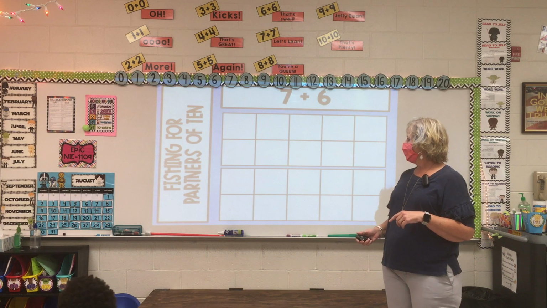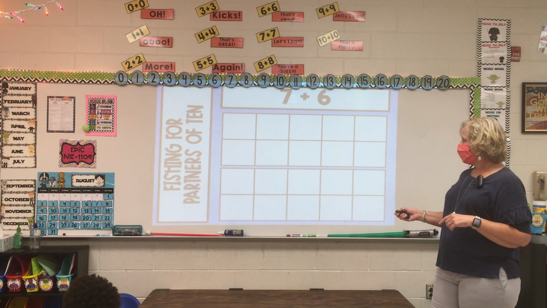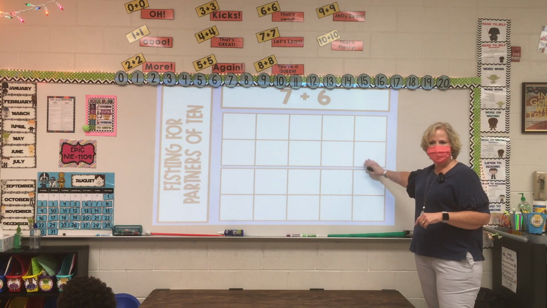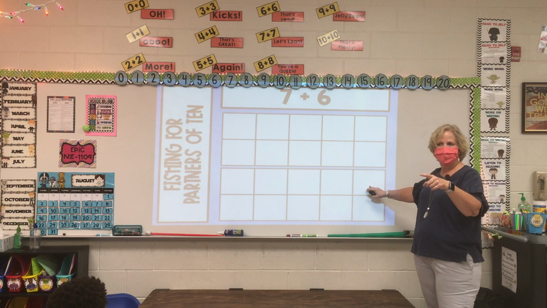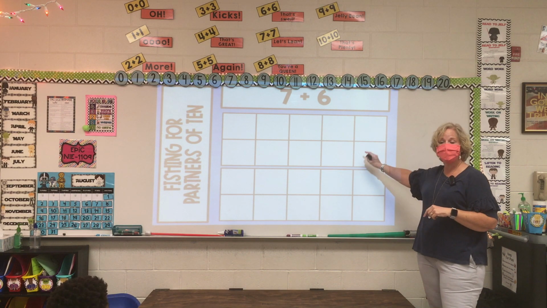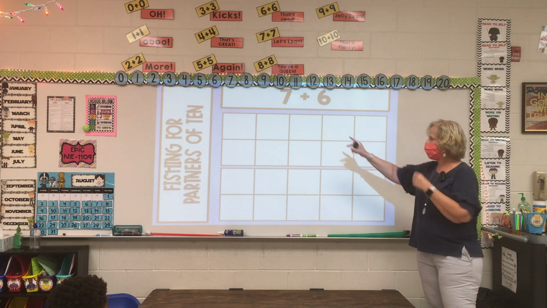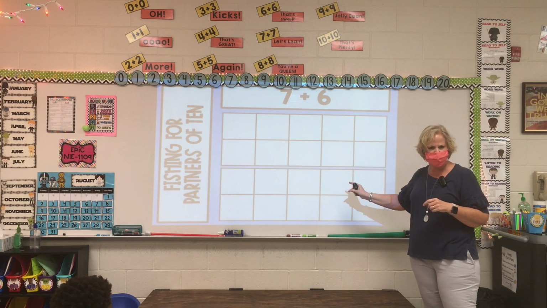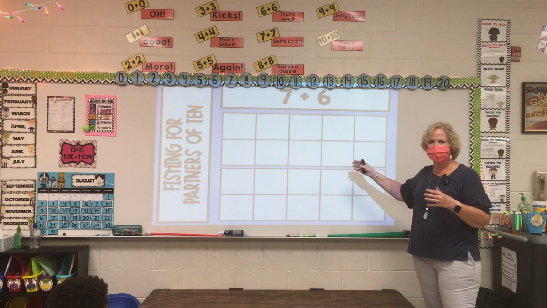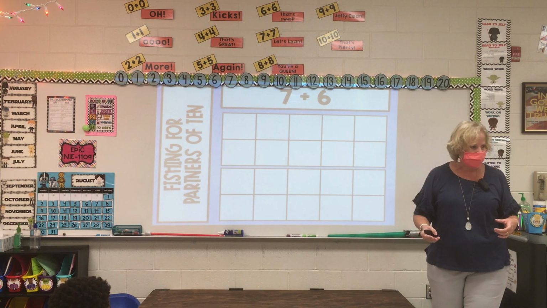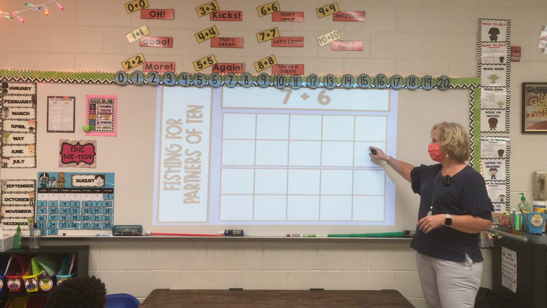So if I have, what are these called? 10 frames. Very good. If I have a 10 frame, do I have to count each block to see how many are in it? No, it's called a 10 frame because there are 10 in it.